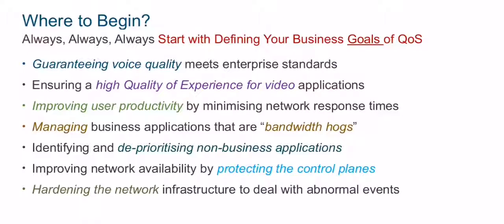Hardening the network infrastructure to deal with abnormal events. What if an application suddenly starts consuming a lot of bandwidth? We have to be prepared for DDoS attacks as well. We have to be prepared for an application bug where maybe some background data starts being sent out. Maybe we have some open ports on the firewall that were previously closed and for some reason just started occupying a lot of the bandwidth.